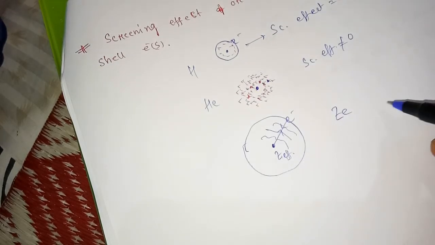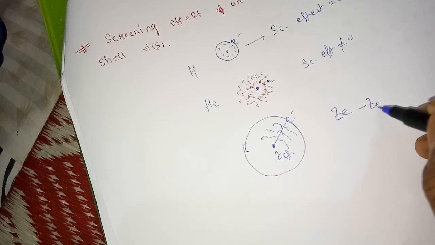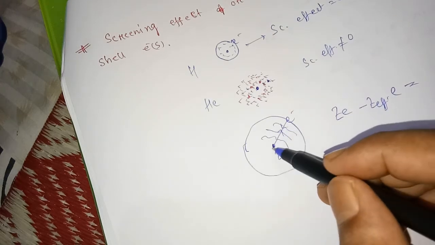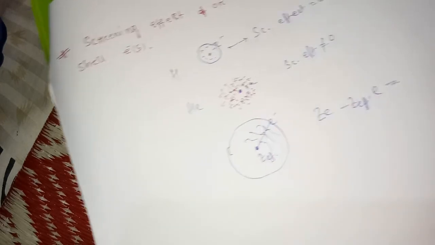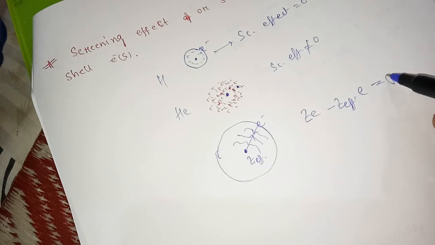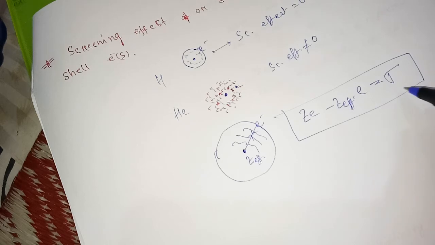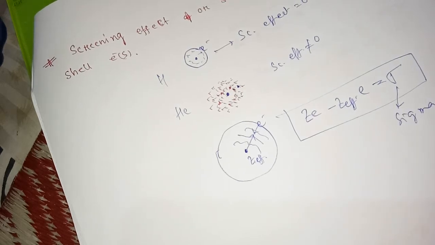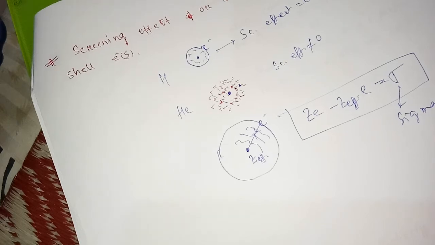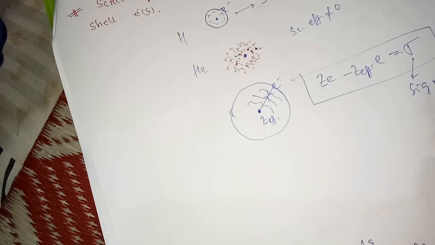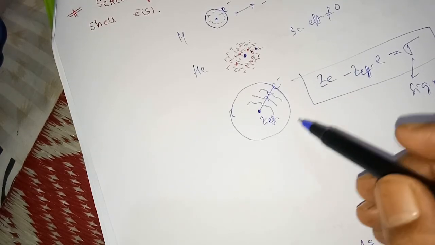It becomes Z effective into E. It may be 20% loss, maybe 30% loss, whatever the loss, this is called the screening effect, sigma. Sigma is the value of the screening effect.